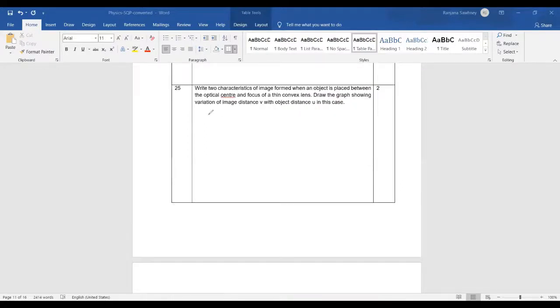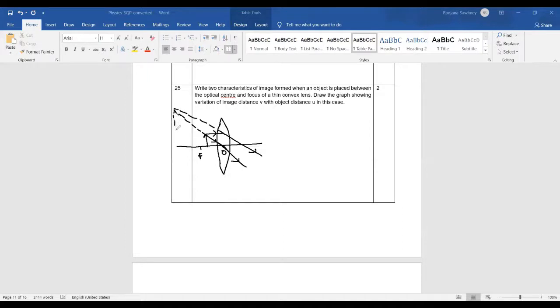Question number 25. Write two characteristics of the image formed by an object placed between optical center and focus of a thin convex lens. So here we place the object between optical center and focus of a convex lens, and let's see how the image is formed. The two refracted rays are diverging from each other, so when we extend them backwards, they appear to meet at a point.